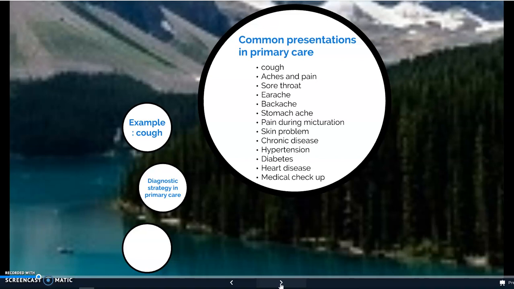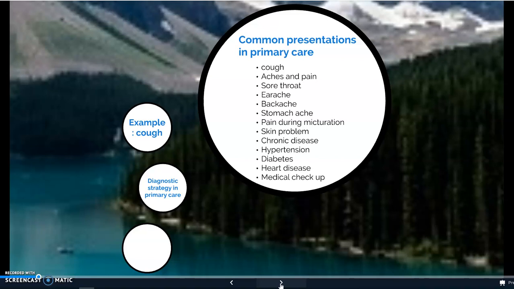Okay? If in the hospital you see a patient admitted for chronic cough associated with other symptoms, another common presentation in primary care is cough. Others are aches and pains, like earache, backache, headache, stomach ache. Other than that is skin problems.